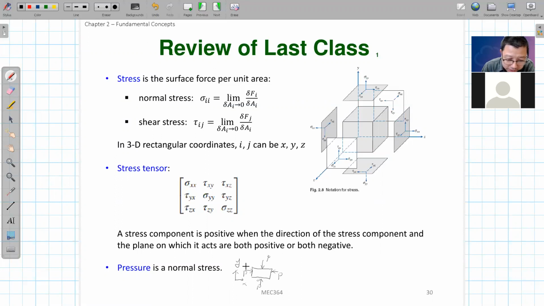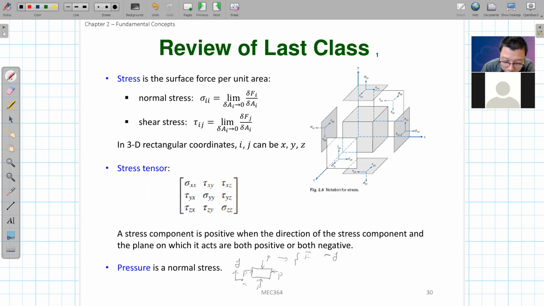This pressure force is a normal stress, so we are using sigma. Let's look at the one from the top. The force is in the negative y direction, because it's going down.